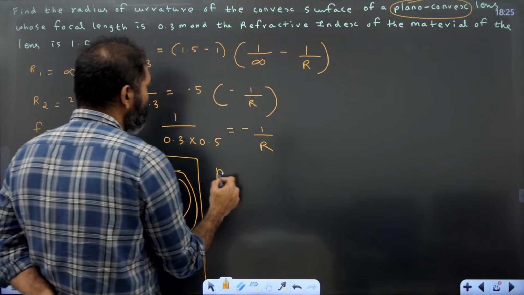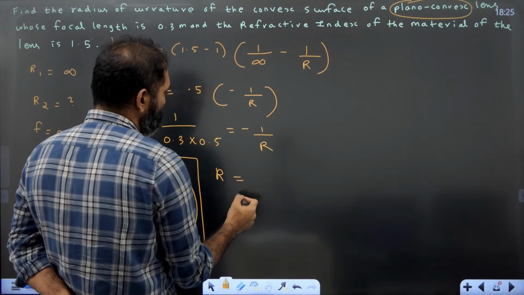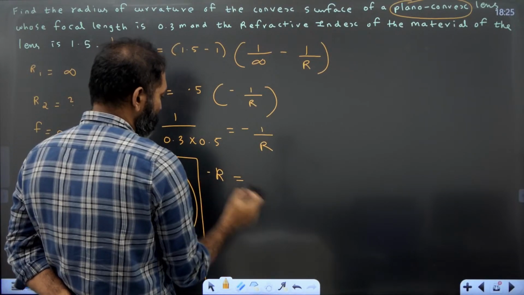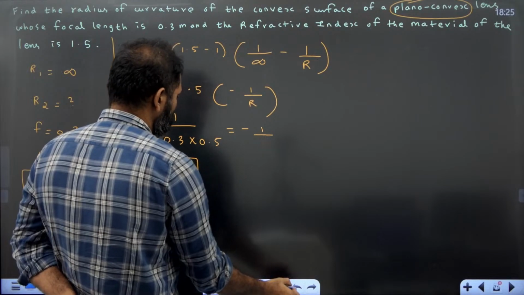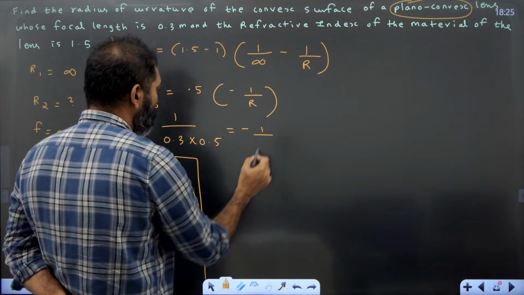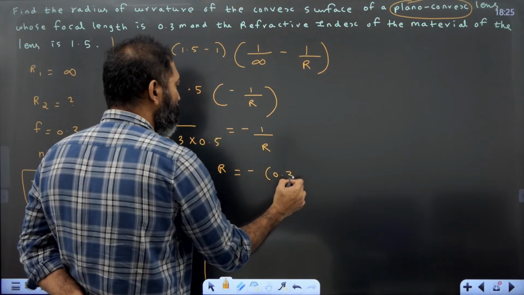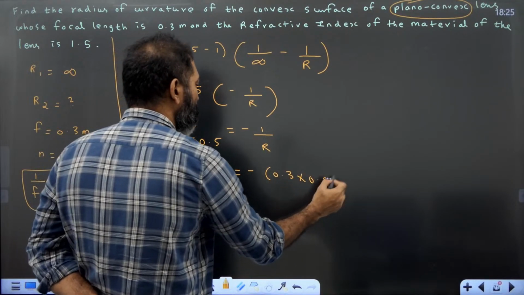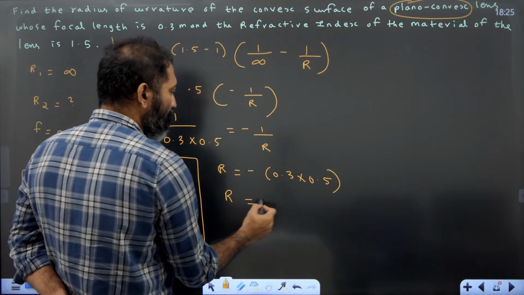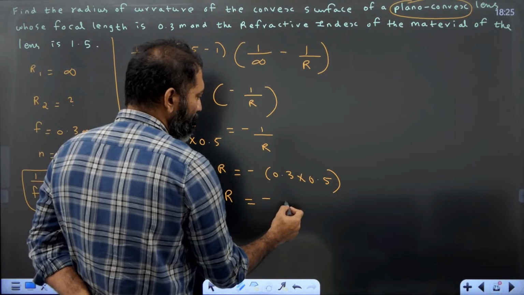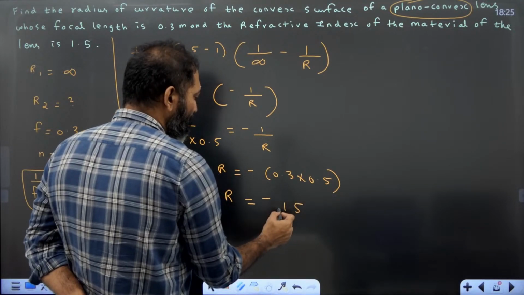So when you cross multiply, r is equal to minus of 0.3 into 0.5. So r is equal to minus 0.15.